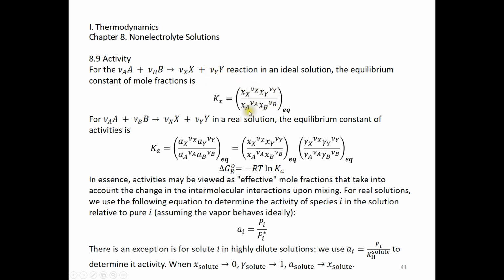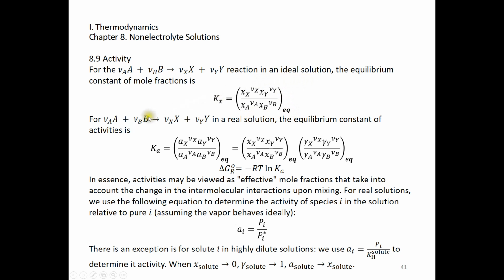And then on the bottom we have A and B, those are the reactants. We have the mole fractions of A and B raised to the corresponding power as well. And then over here we specify the equilibrium condition. That's really simple for an ideal solution.